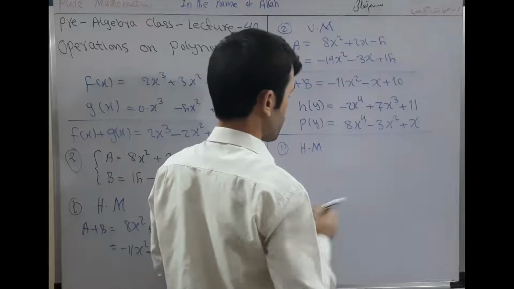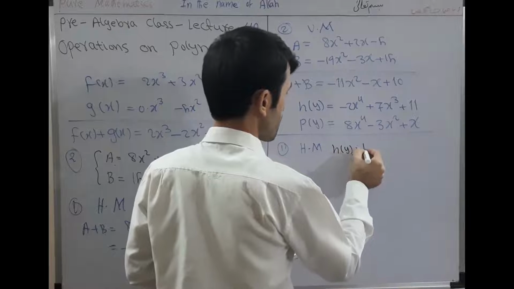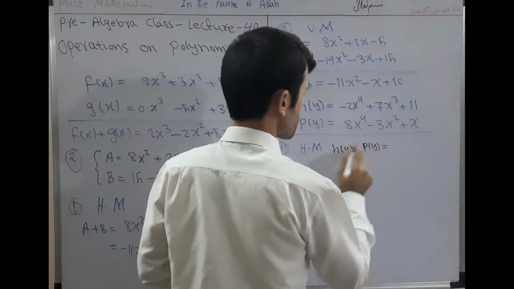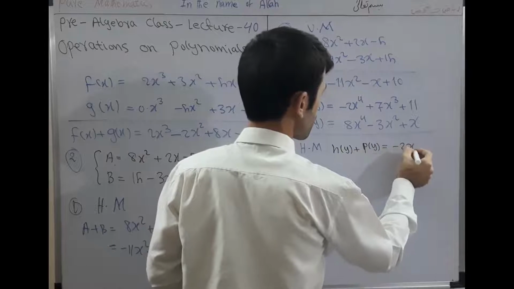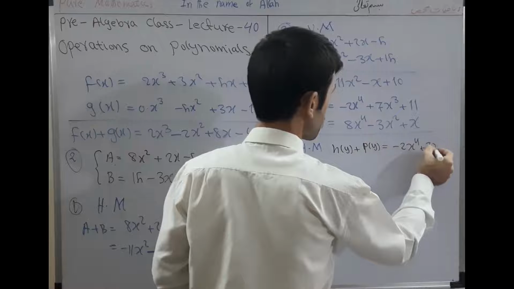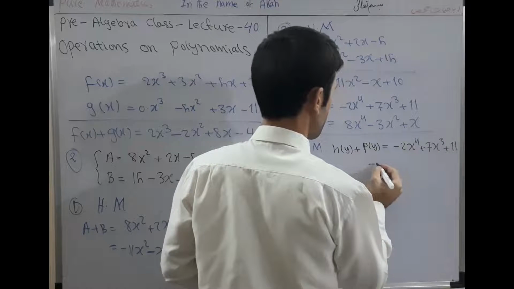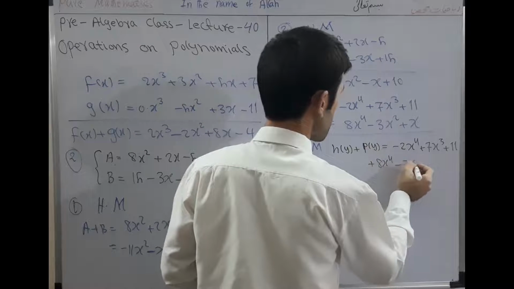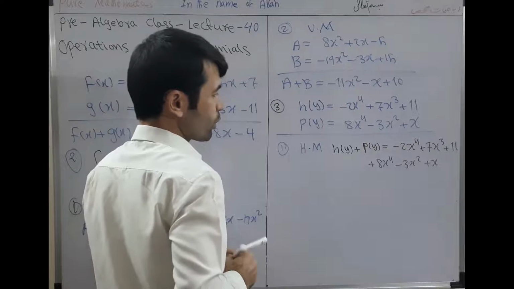Here we want to write h of y plus p of y is equal to, for h of y, we have minus 2x to the power 4 plus 7x to the power 3 plus 11, plus 8x to the power 4 minus 3x square plus x. Now we want to write the result.